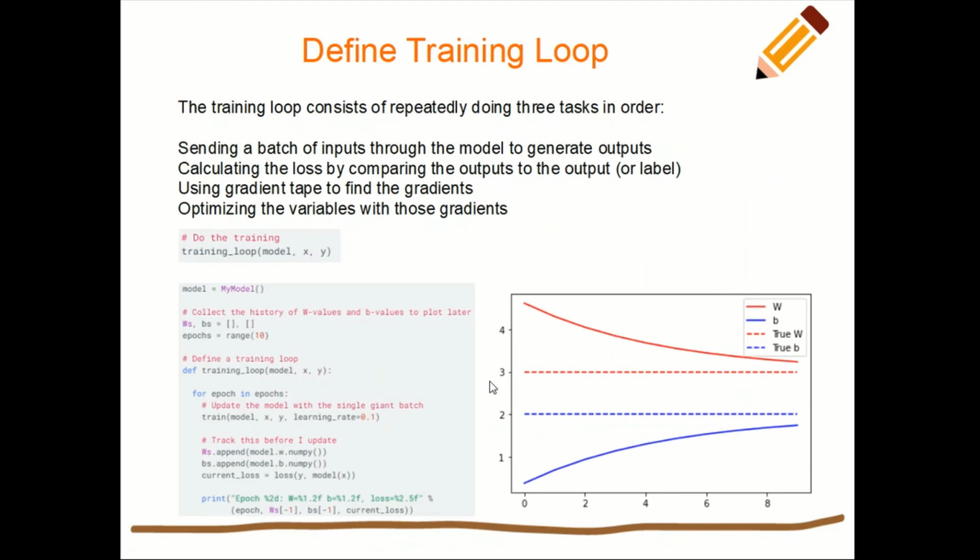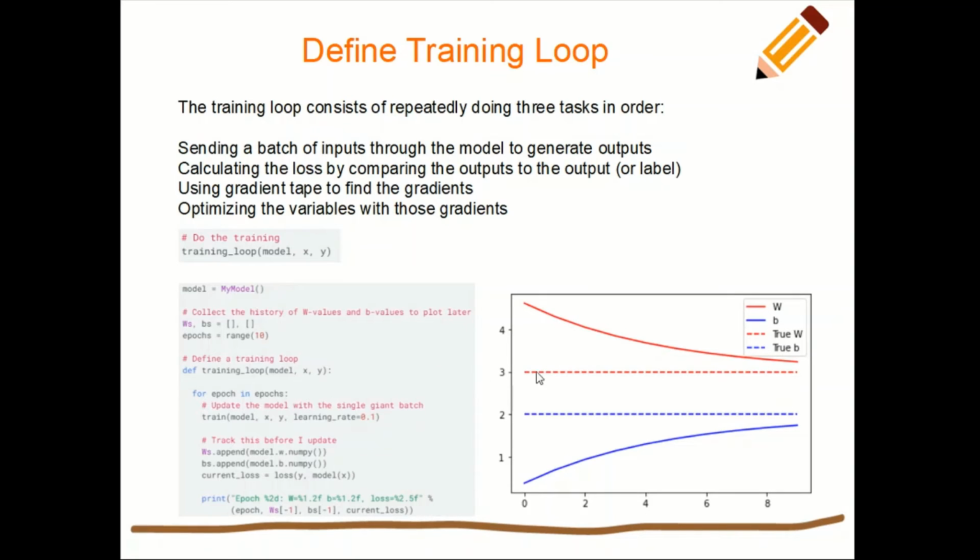Now if we run this whole loop for a number of epochs, this is what we'll get. This is our actual bias and this is our actual weight, the true weight.